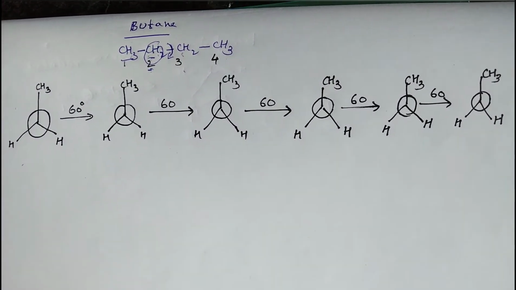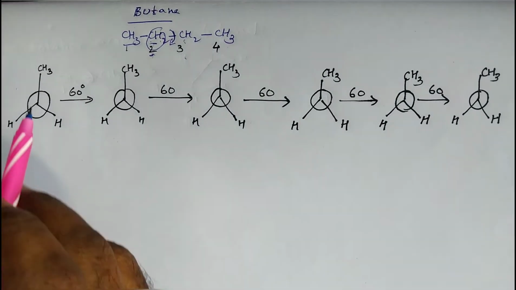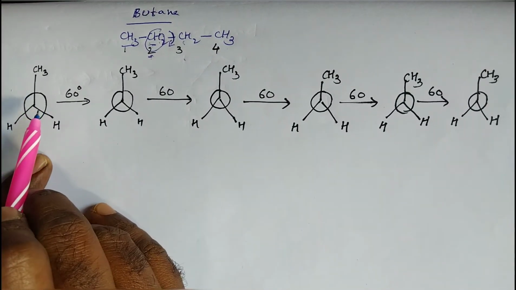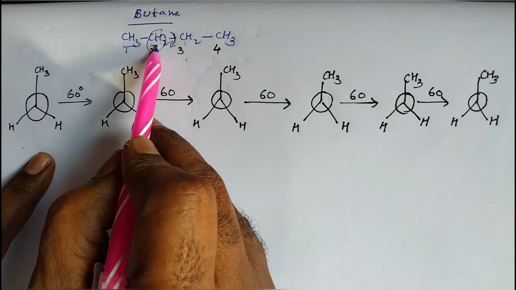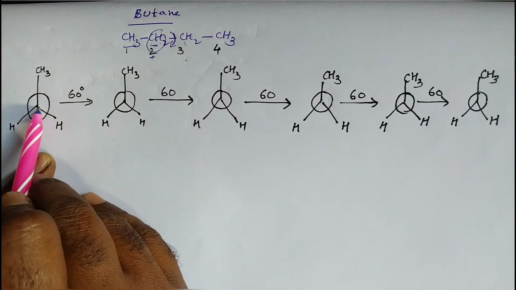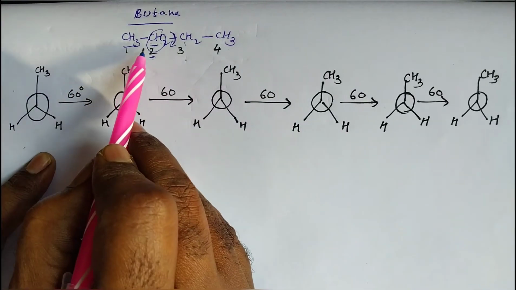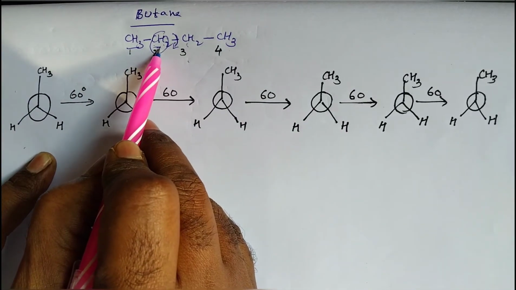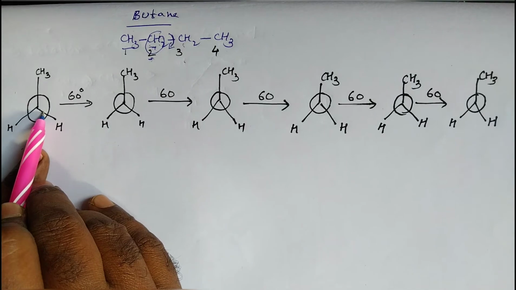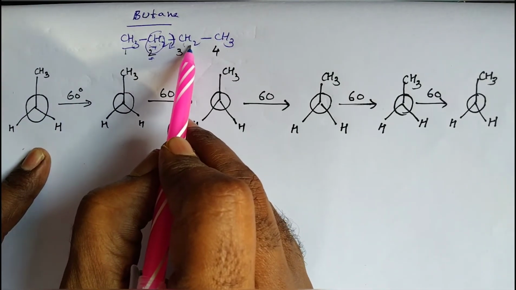To make you understand, I made this second carbon atom a fixed position. I have written this first carbon as the fixed position. Now I am going to write isomers of this second carbon atom.